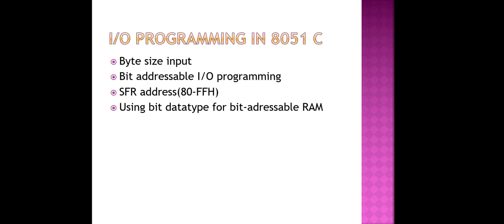The bit and byte addresses for the P0 to P3 ports are used in the programming, and this byte of the SFR RAM space 80H to FFH is widely used in new generation 8051 microcontroller programming.